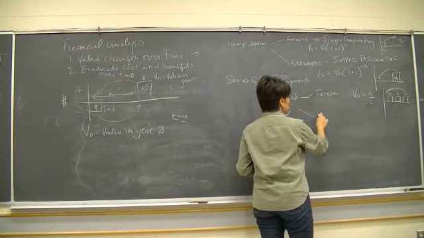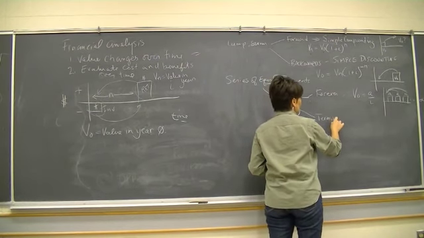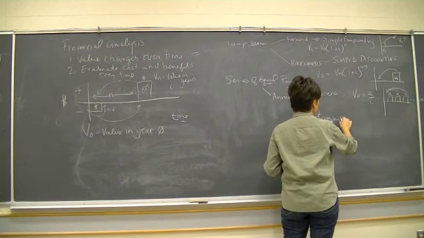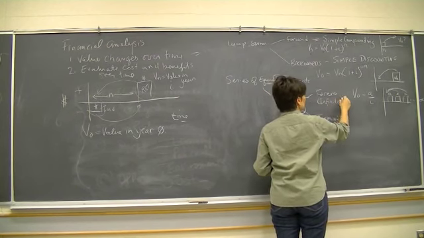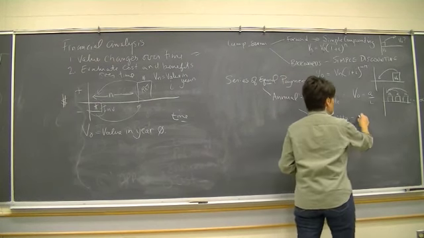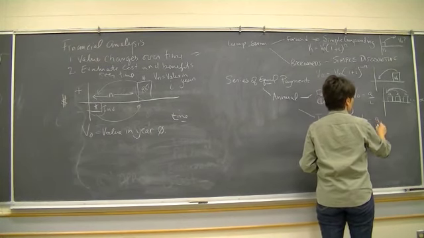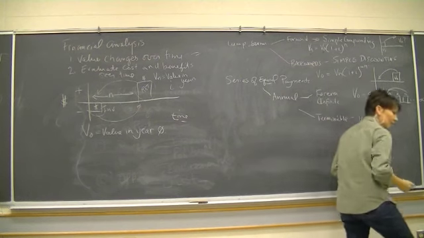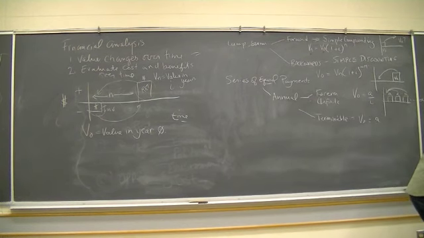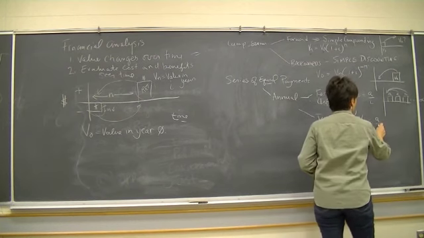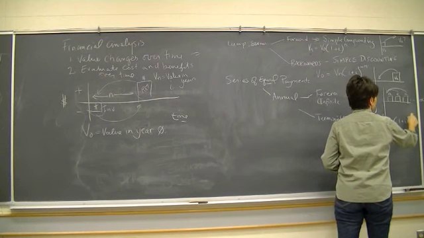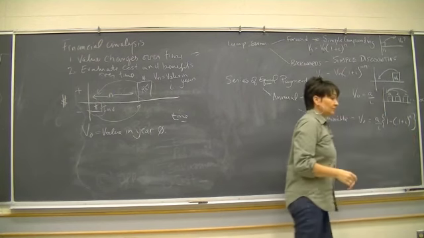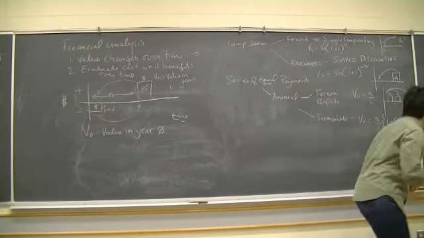If it doesn't go forever, it's terminable. V0 equals A over i times (1 minus (1 plus i) to the negative n).